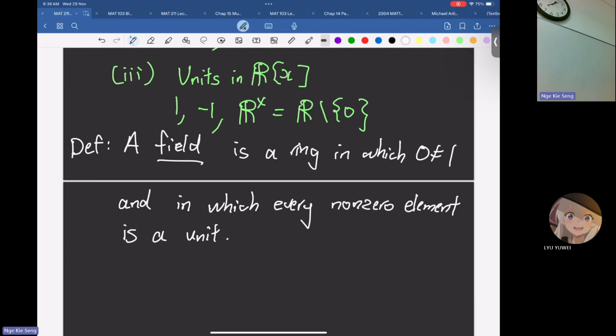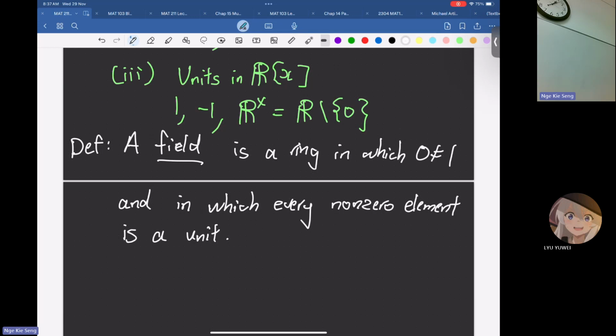If we take the closure of it, meaning additive closure and multiplicative closure, then we'll get the rational numbers.